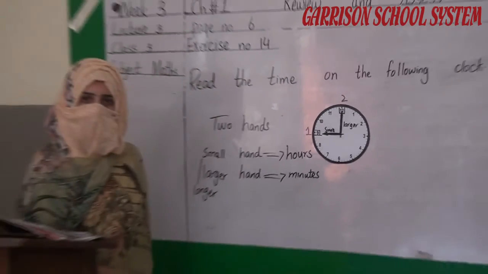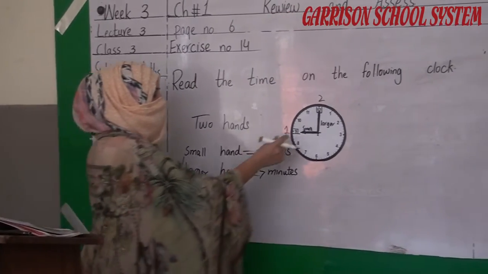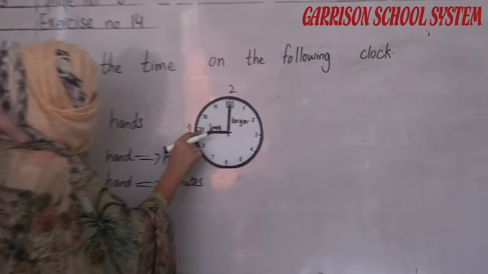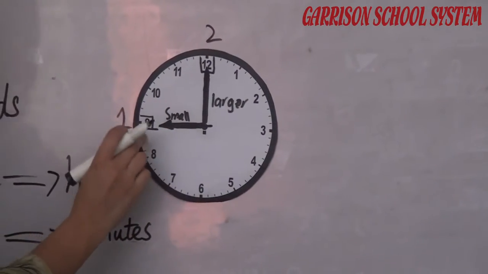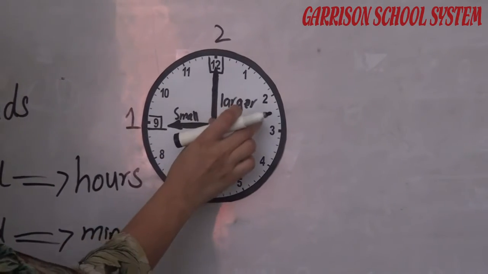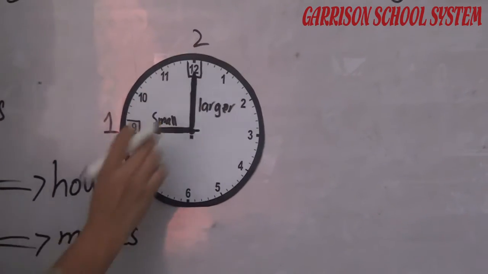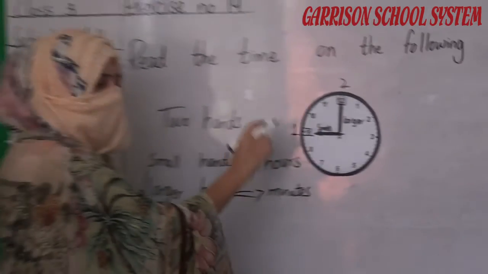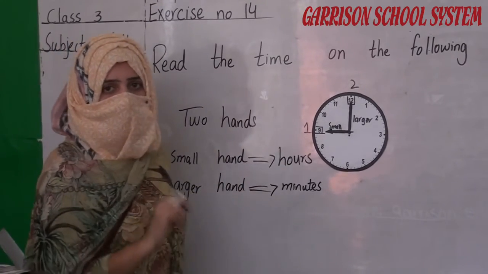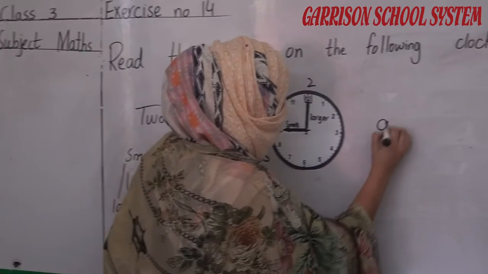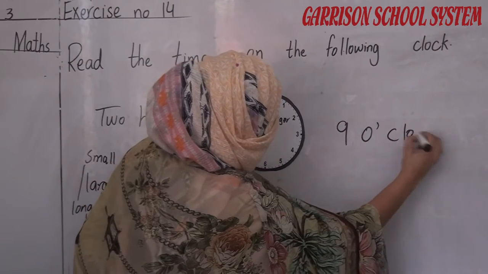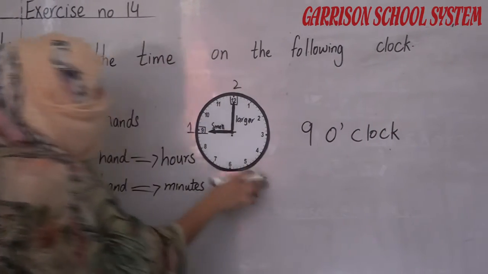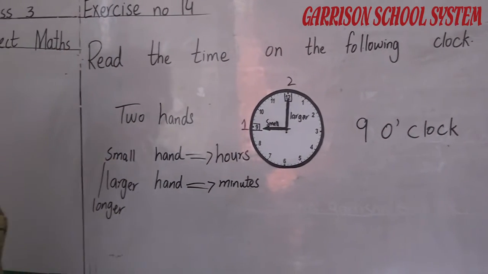It's 9 o'clock, because the small hand is pointing to the 9 number, and the larger hand is pointing to the 12 number. It means the hour of the day is 9 o'clock. What's the time here? 9 o'clock. This is our time.